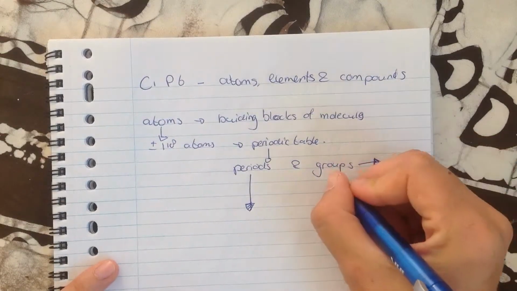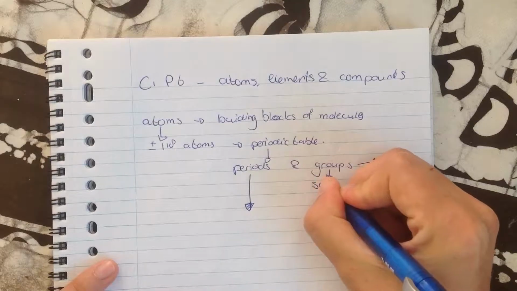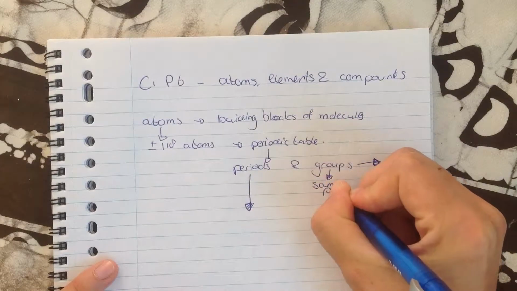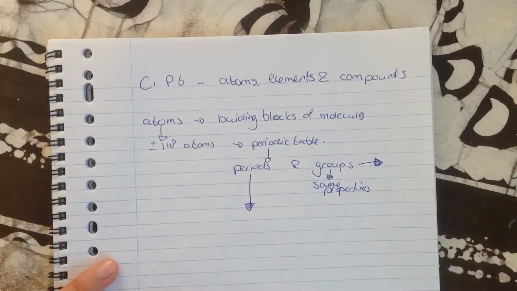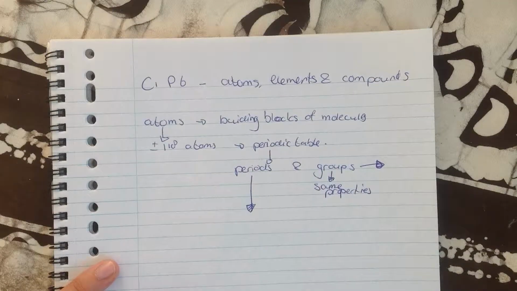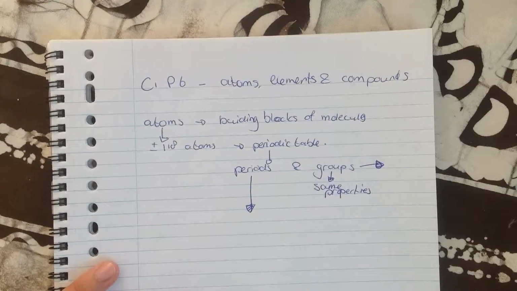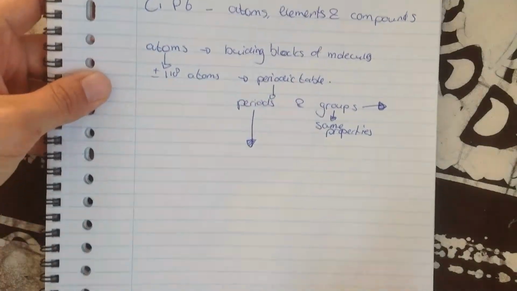Those groups have about the same properties. We talked about properties before. Property is something that you can actually recognize the substance of. So if you have a group and you go down, they have about the same properties. It's not exactly the same, but they are somehow the same.